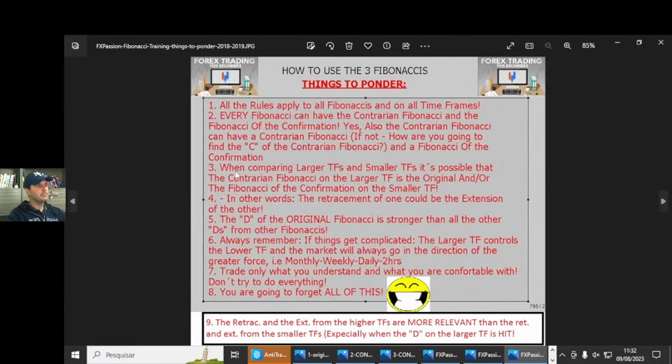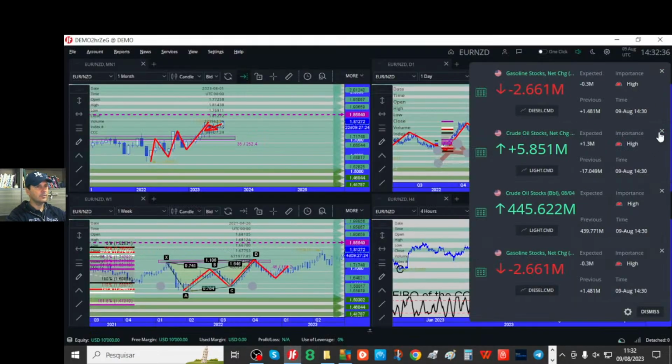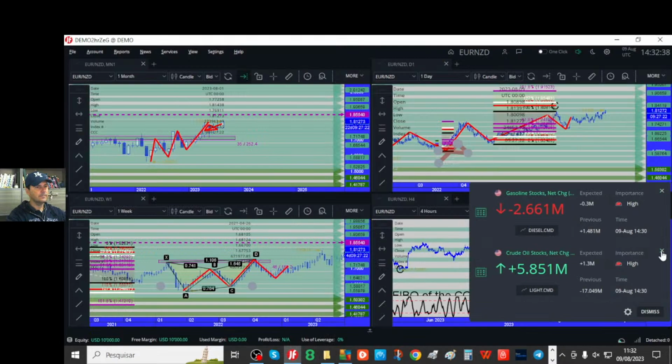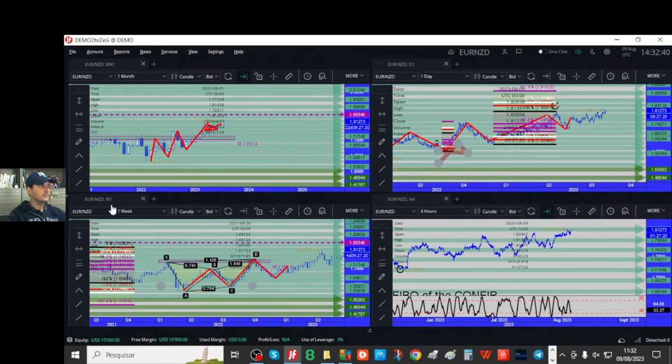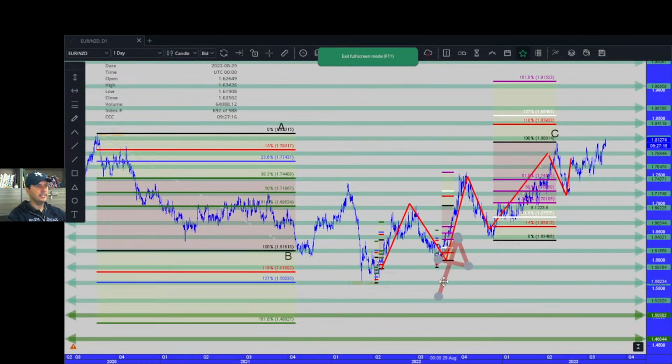We just explained number 3. Number 4, in other words, the retracement of one could be the extension of the other. See? The retracement of the daily is the extension of the weekly. The retracement of the daily.